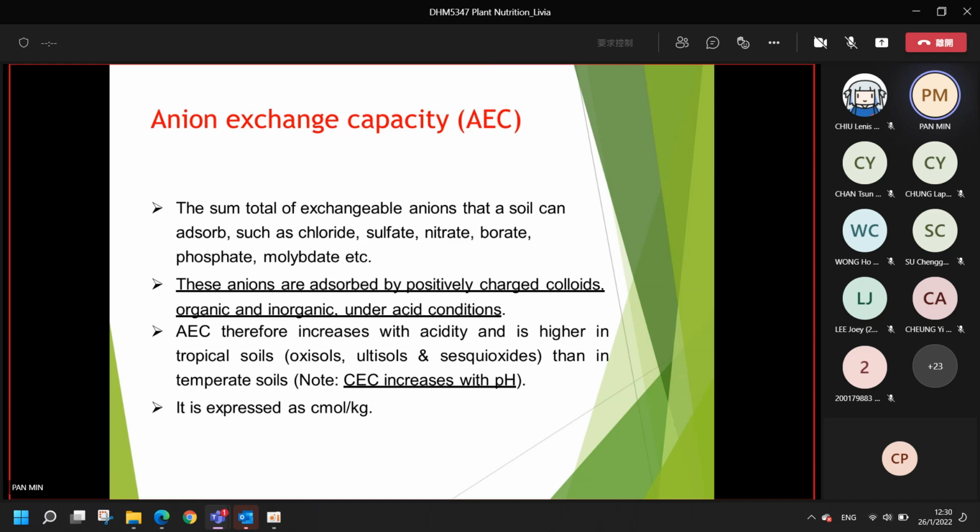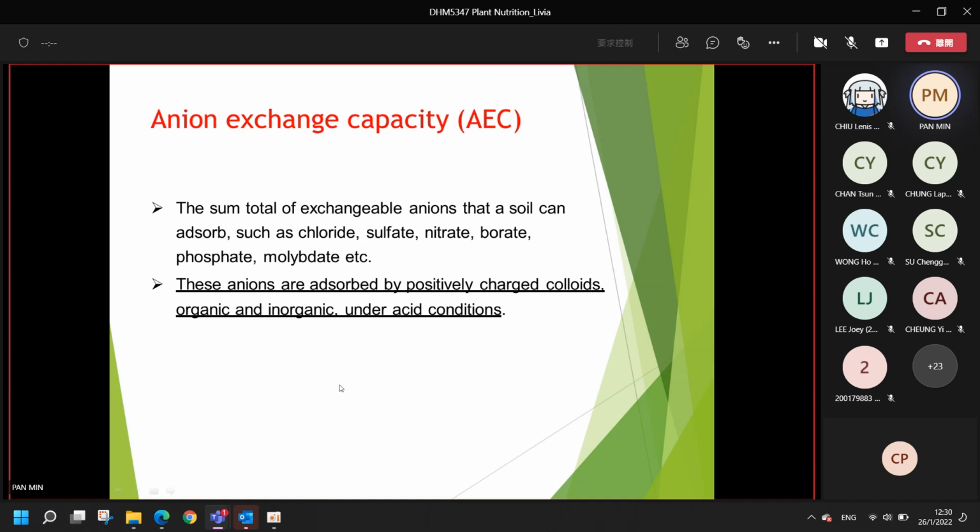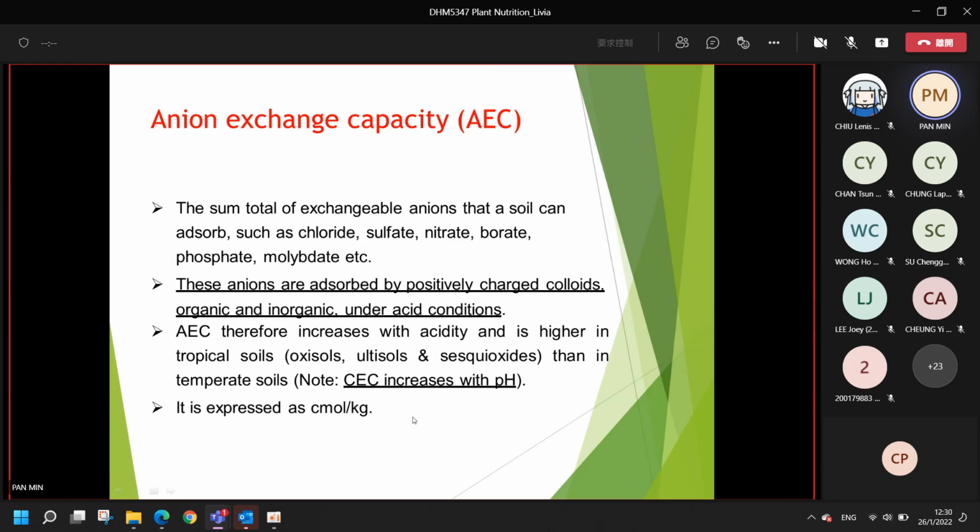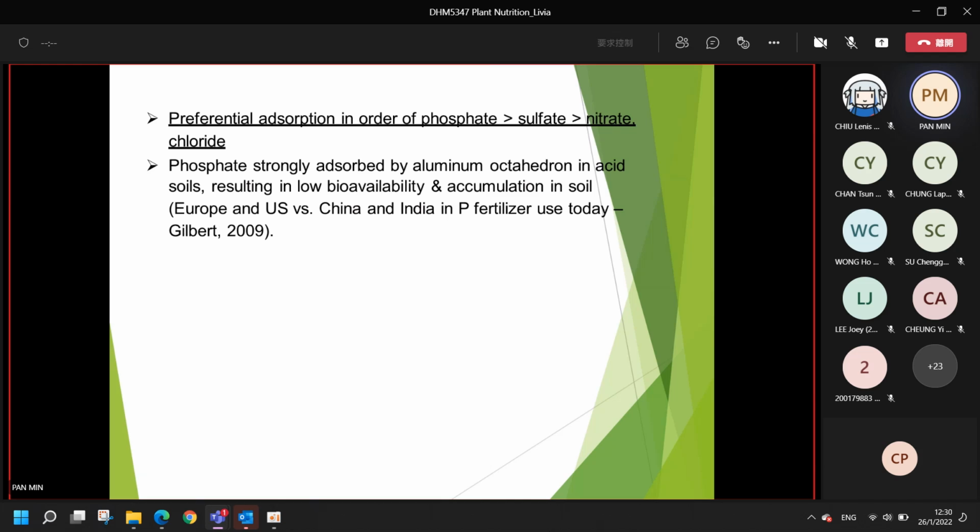And they also use the same units to represent the AEC and the CEC, centimole per kilogram. Remember, there are three forms to represent the CEC or acidity in the soil.